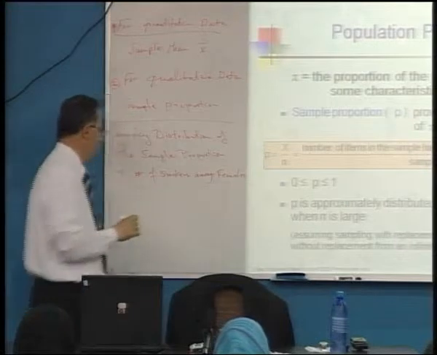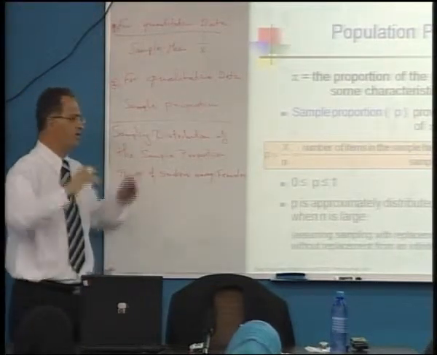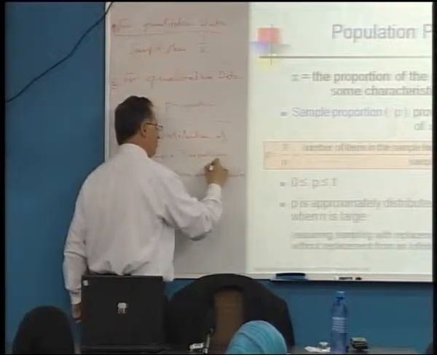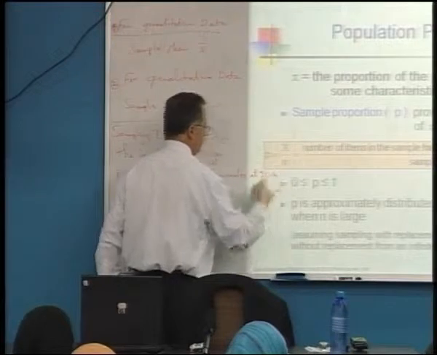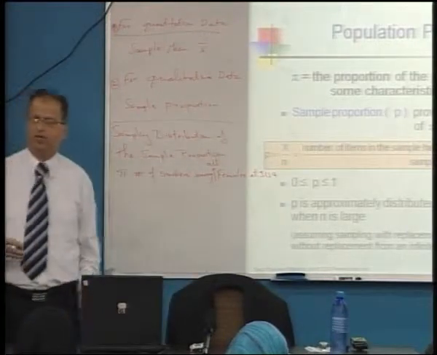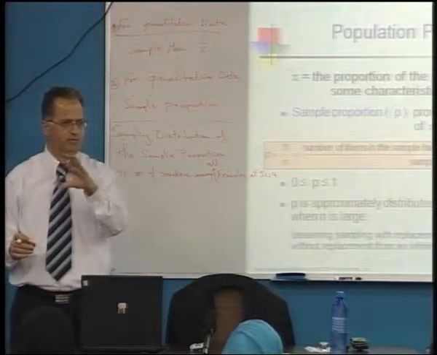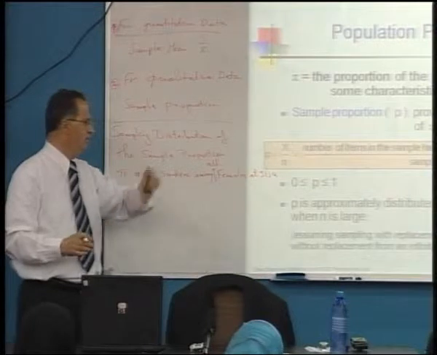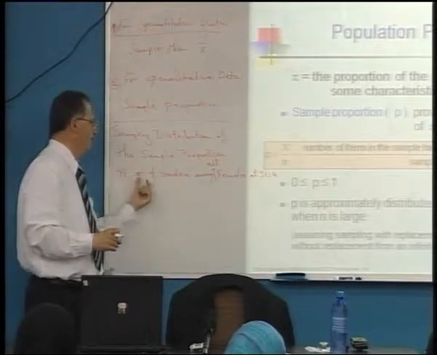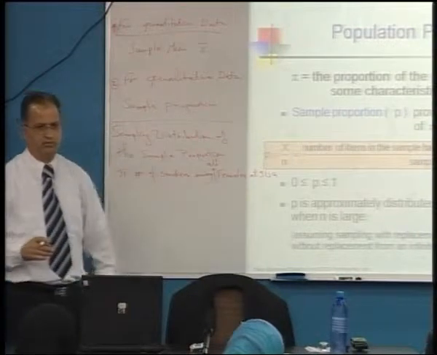So let's use Y as the number of smokers among all females at IUG. So here my population is IUG students, but we'll focus on female students. And pi is the proportion of smokers among all female students.